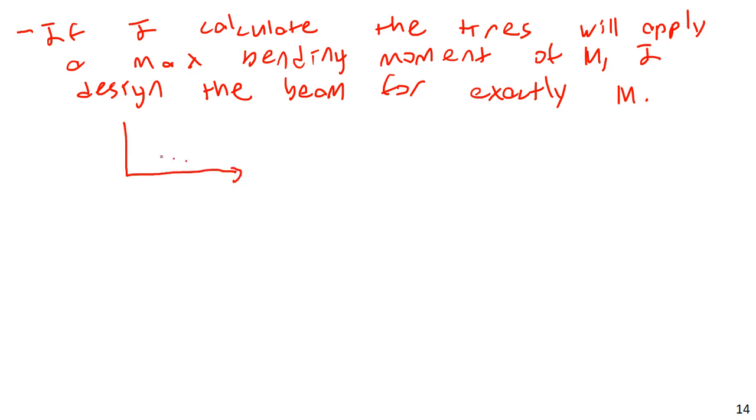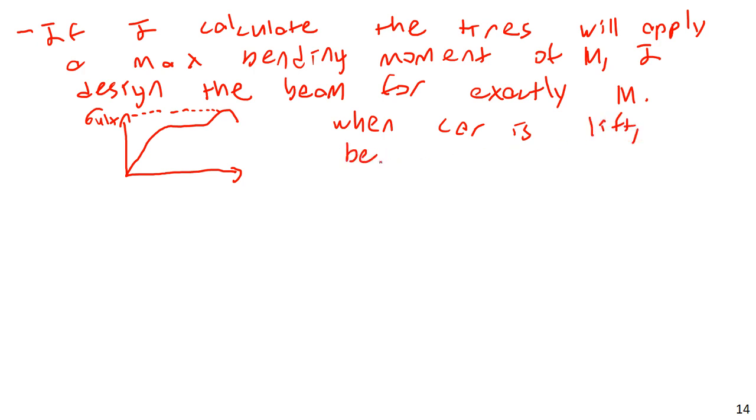So in other words, at that M, the stress in the beam, if we have our stress strain diagram here, then it goes yield plateau, then we get some strain hardening here. Basically at that M, we're at the sigma ultimate. So I literally design it for ultimate. So when the heavy car, or the big truck in this case probably, is on the lift, the bending stress is right at sigma ultimate.